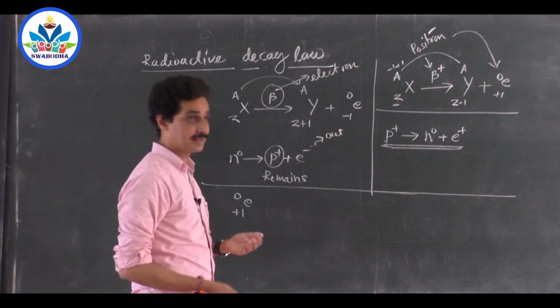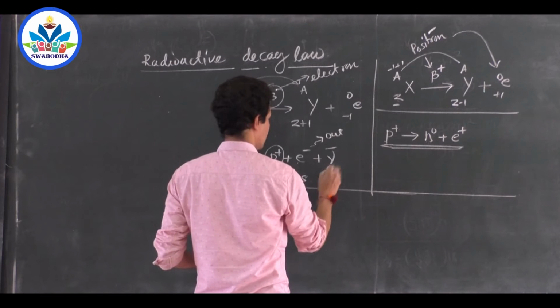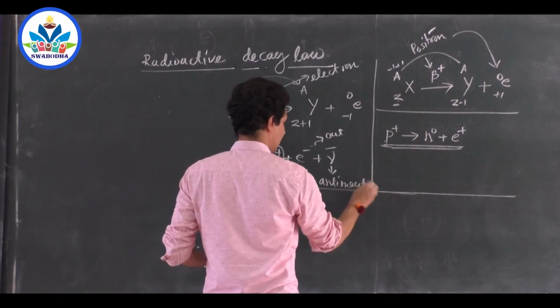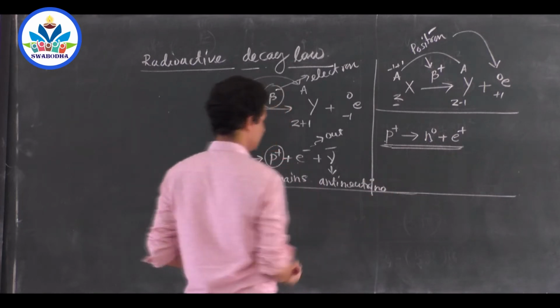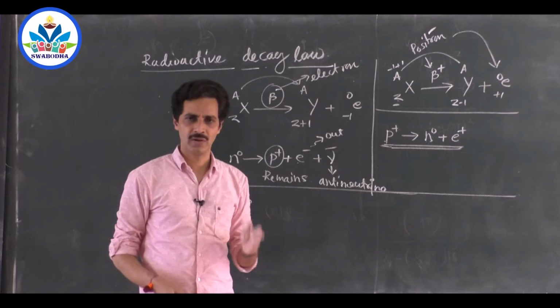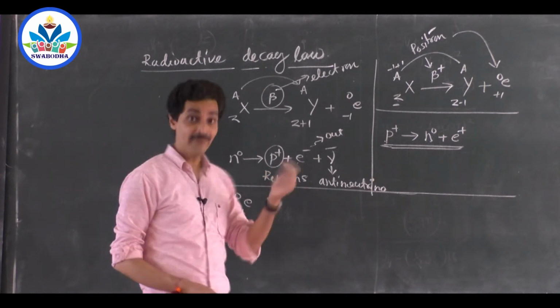Then it was found that one more particle, called the antineutrino, is also coming out of the nucleus along with the electron. And what is its mass? Almost 0. It has no mass, it has no charge, because those are already conserved. It was having some energy.